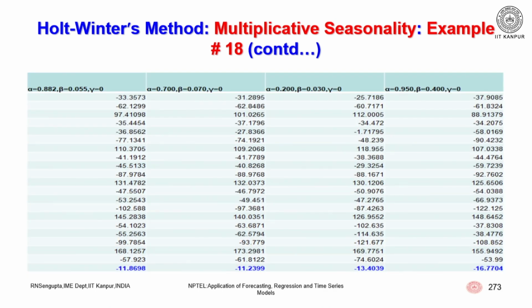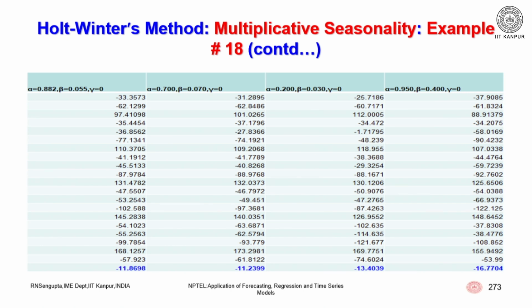So, for some combinations I have given you some list. Here are the values which I take corresponding to error, the sum of the errors are given. The corresponding alpha, beta, gamma in the 4 columns are: first case 0.882 for alpha, 0.055 for beta, gamma is 0.